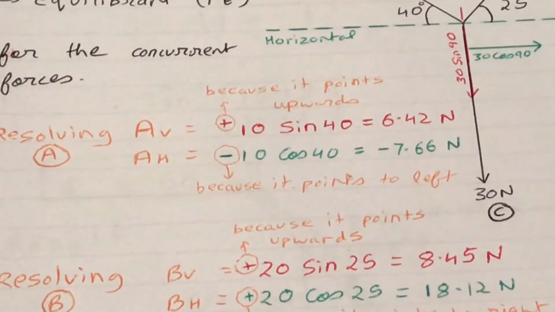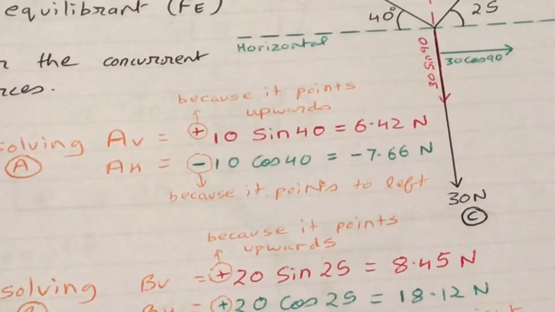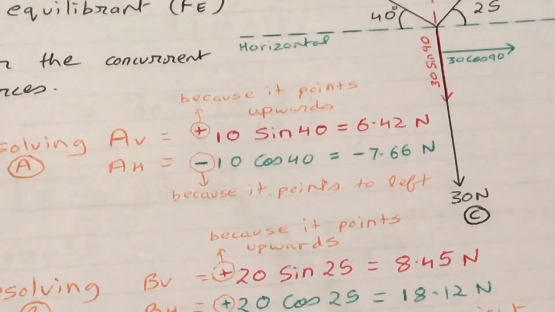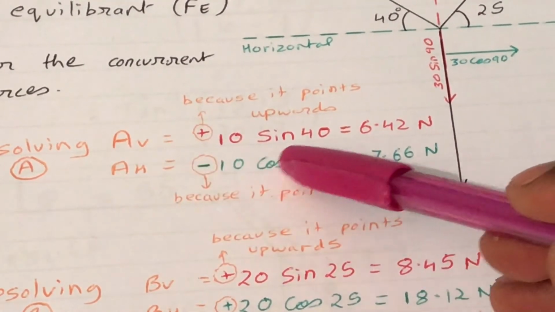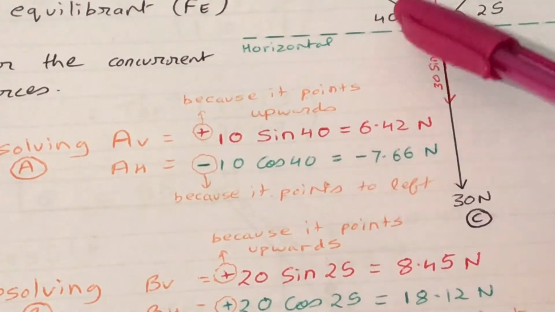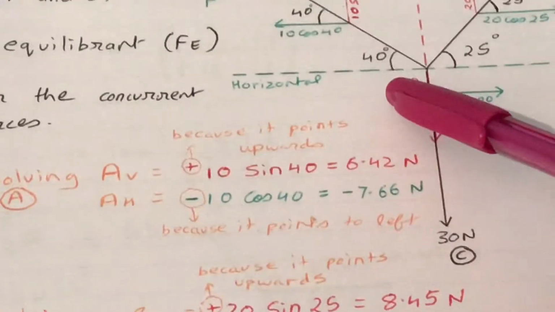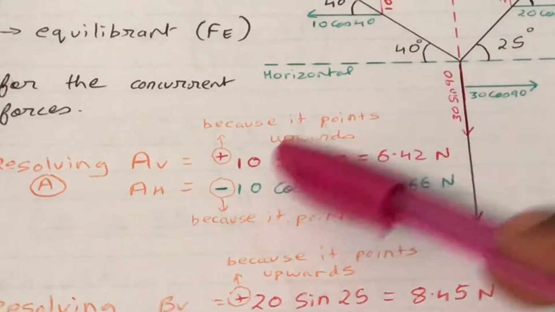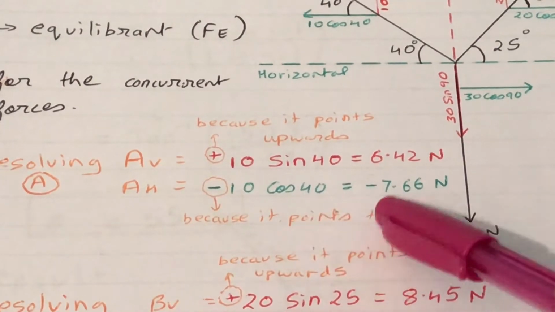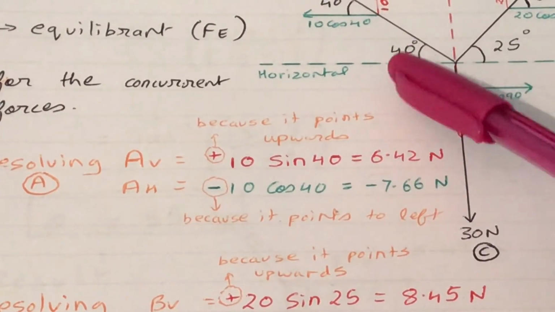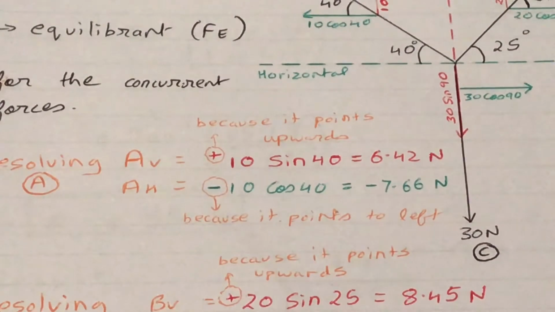So that is for A. Your force is 10 newtons. So the vertical component will be 10 sine of 40 degrees because the angle of inclination is 40, and the horizontal component will be minus 10 cos of 40. That's because again the angle of inclination is 40.